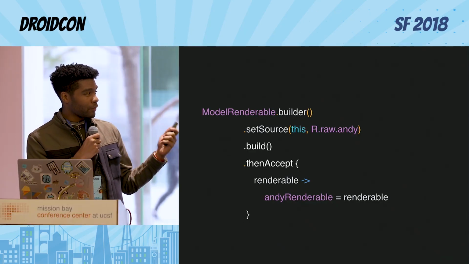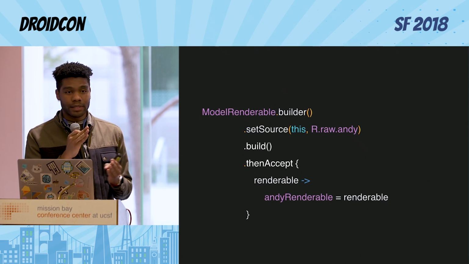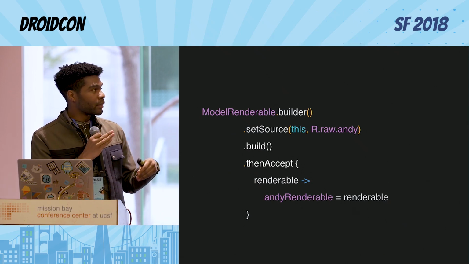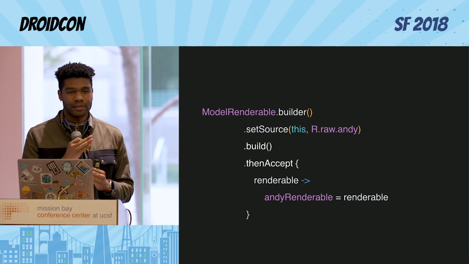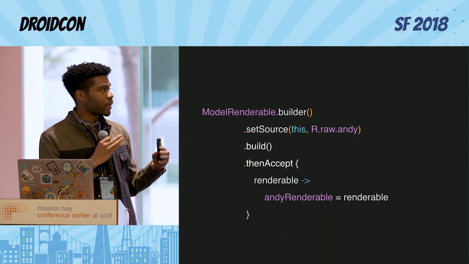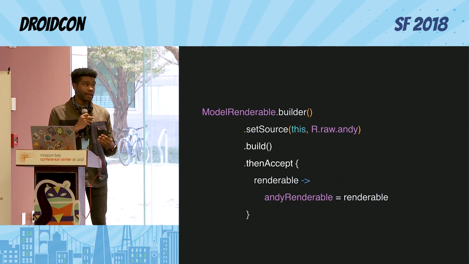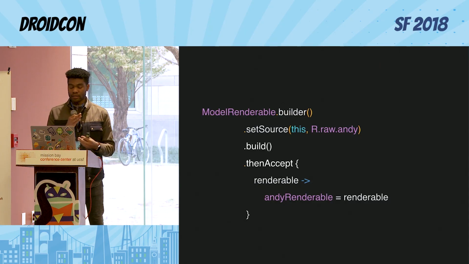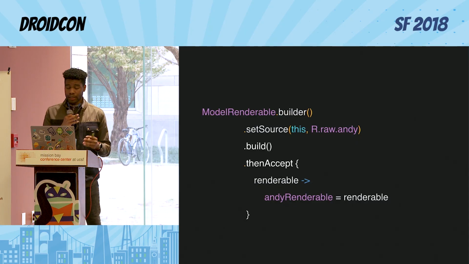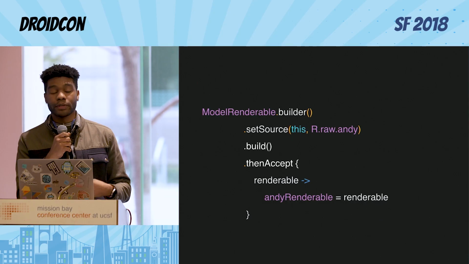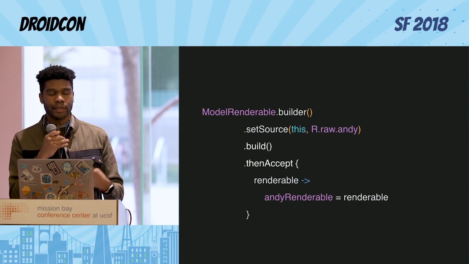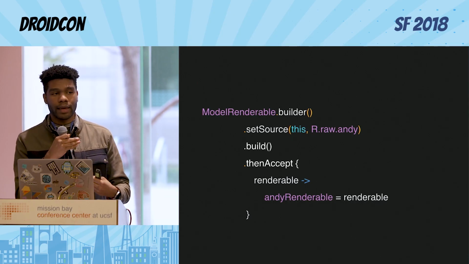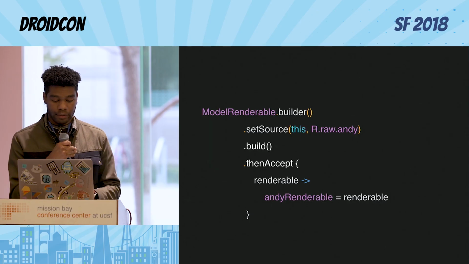The model renderable is a very important object as far as augmenting images are concerned. There are many different ways you can set a source. You can set a source from an asset ID, as I'm doing right here, or you can use an input stream or URI just to make it a little bit more dynamic. You can even use what's called a renderable definition, which is essentially an object that allows you to build an object programmatically.